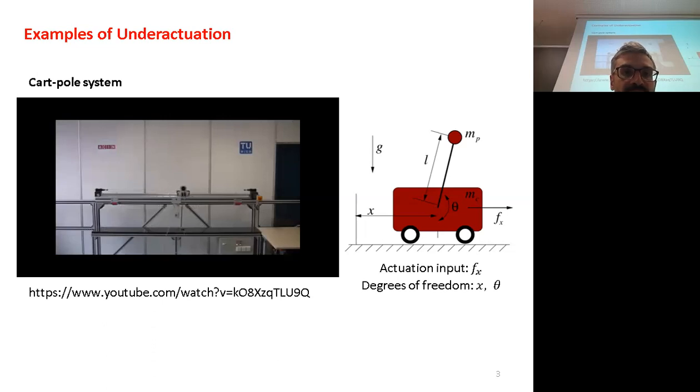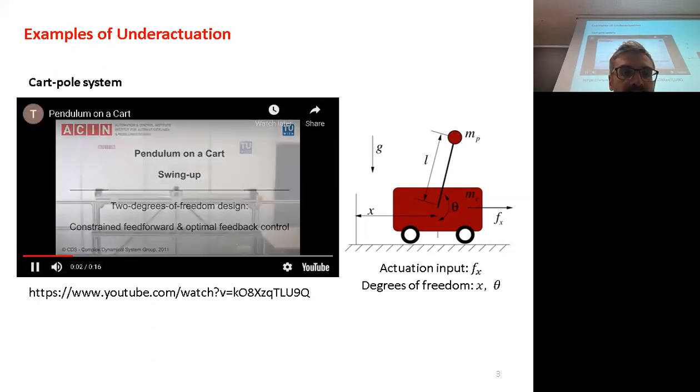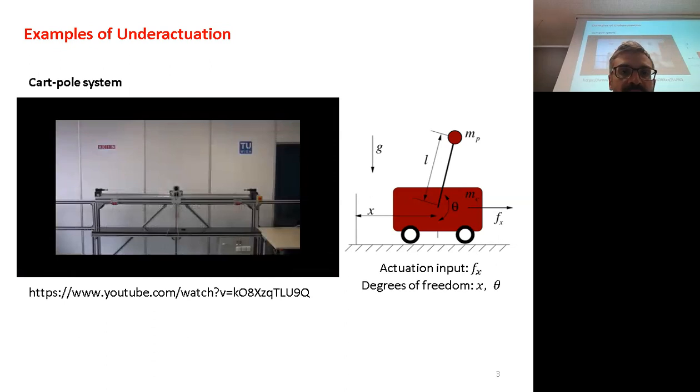We have a cart that is moving, so we have an actuation input force at the cart position. I'll show you again. And we have a passive joint, a rotational one, that we want to put up, moving the cart.